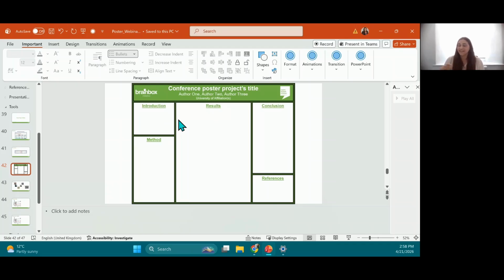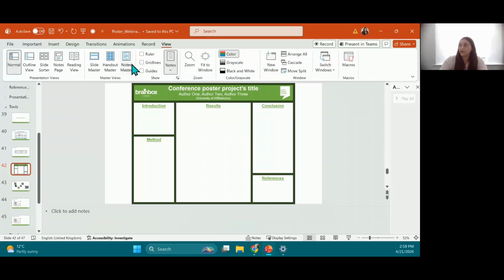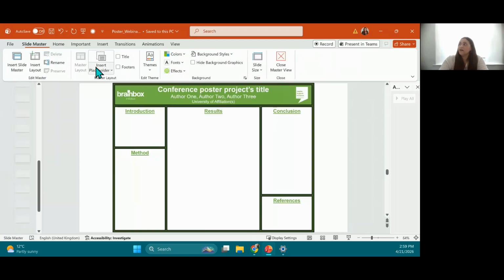And when you're sizing things, it snaps to an edge that you don't want it to snap to, and it's hard to work with. So if you go to View and then Slide Master over here, it takes you to basically a way to make a template.